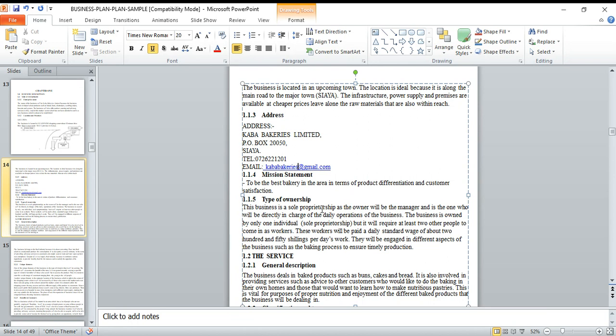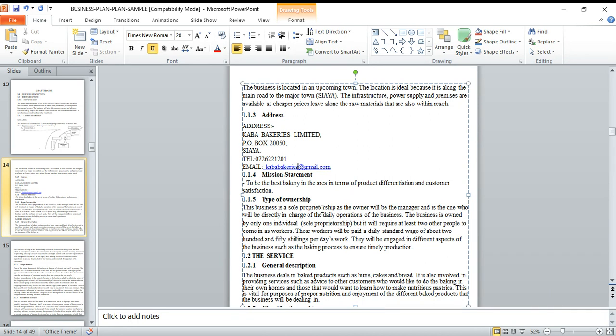For instance, this business is a sole proprietor, as the owner will be the manager and is the one who will be directly in charge of the daily operation of the business. The business is owned by only one individual, but it will require at least two other people to come in as workers.